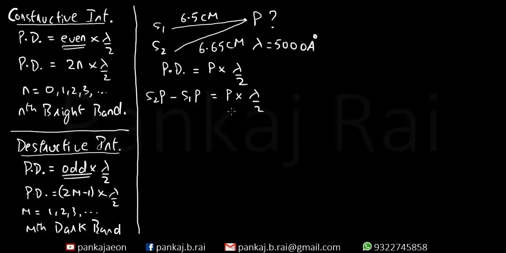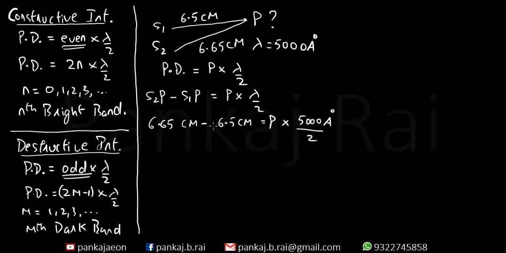Now the path S2P is 6.65 centimeter minus 6.5 centimeter is equal to p into the wavelength, which is 5000 angstrom unit, divided by 2.